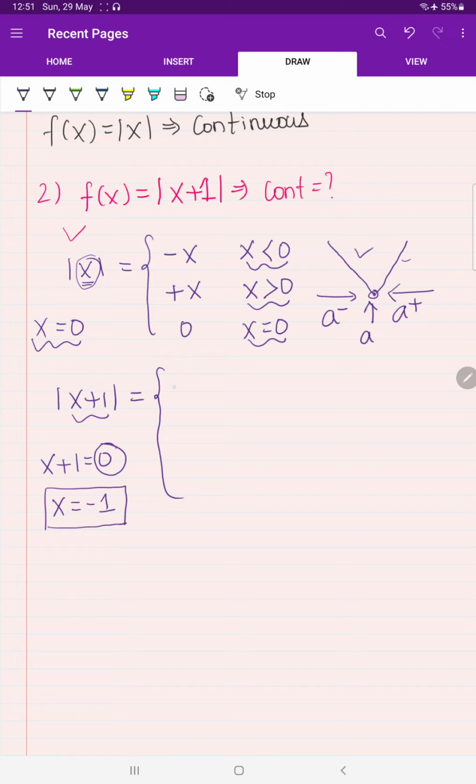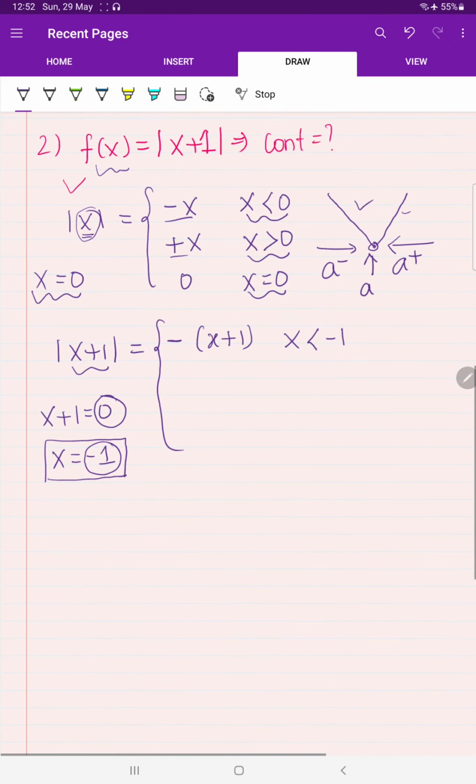Given it is mod of x plus 1, from this I can simply say that mod of x plus 1 can always be broken into two, one is minus, another one is plus. Now, I am putting minus of the whole function x plus 1, it will be minus when the value of x is less than minus 1. See, just now we found the breaking point.